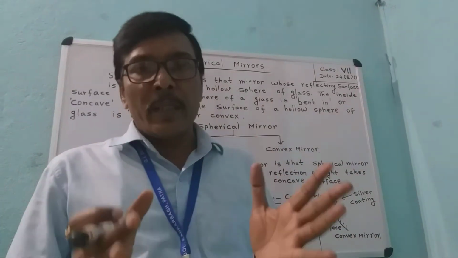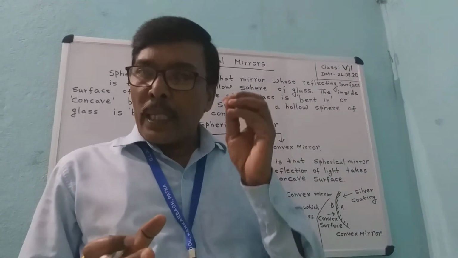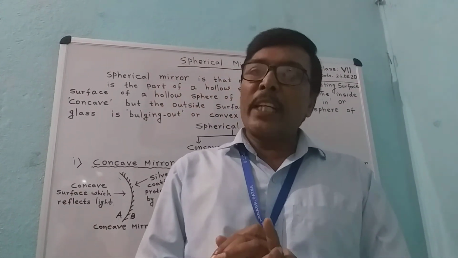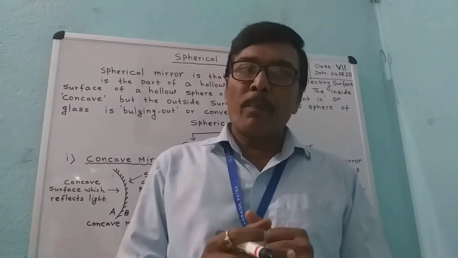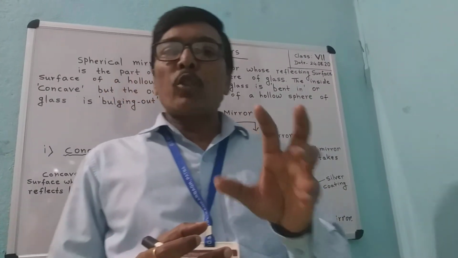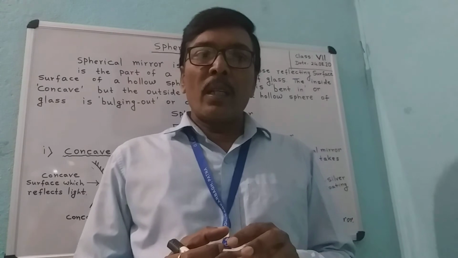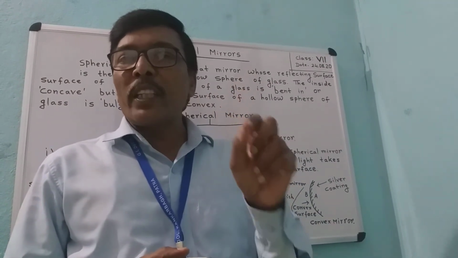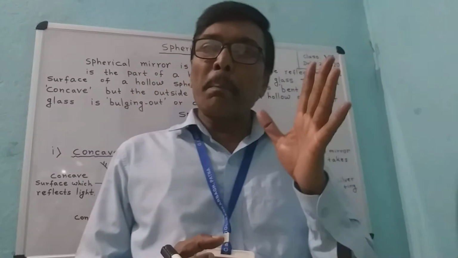When we look at the shining silver spoon and see our face, it will show two different types of images of our face, because there are two faces in the spoon. One is the front side, the other is the back side.